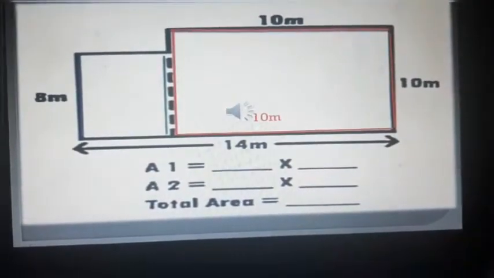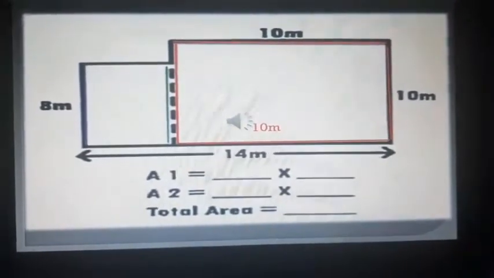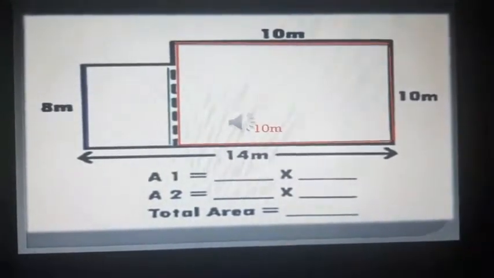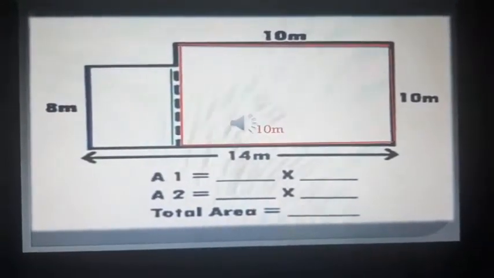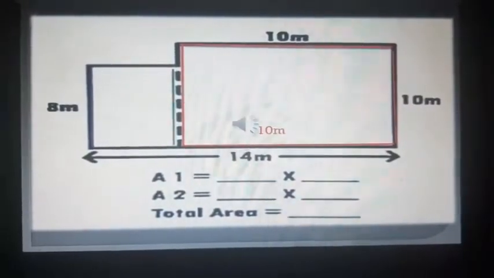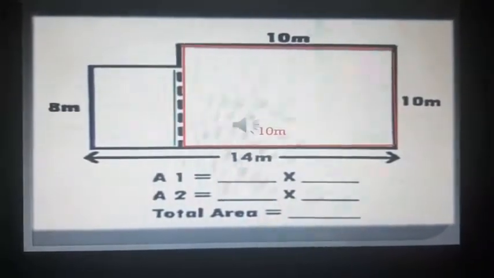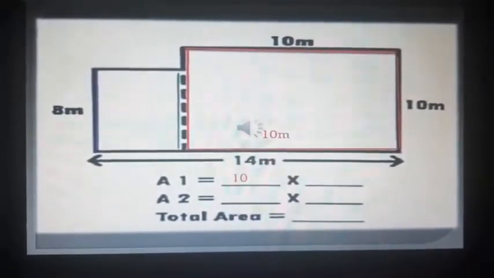Look here, he gives you 10 meters and the opposite equals 10, and the width here is 10 meters, so the opposite also equals 10. So I have a square, and the area of a square is length times length, so 10 times 10 equals 100.